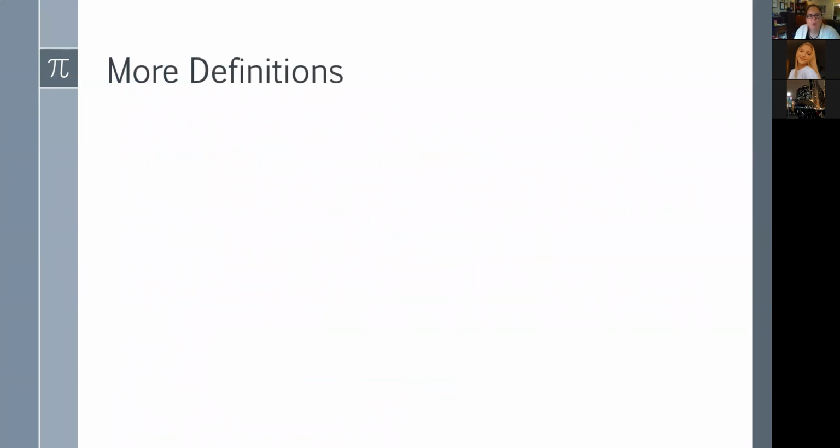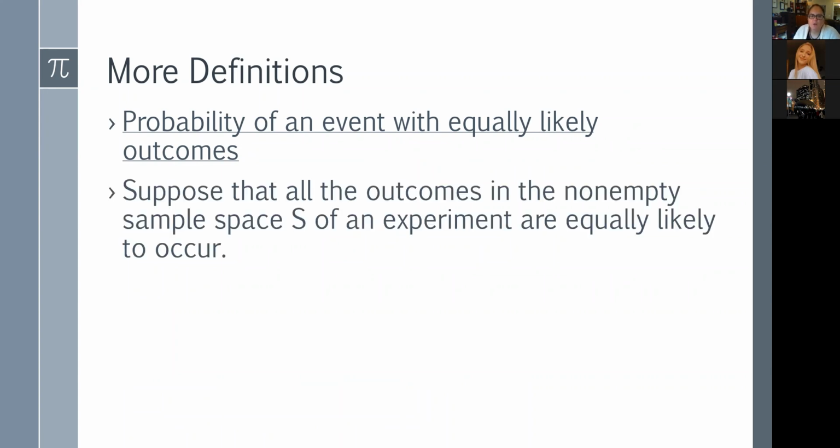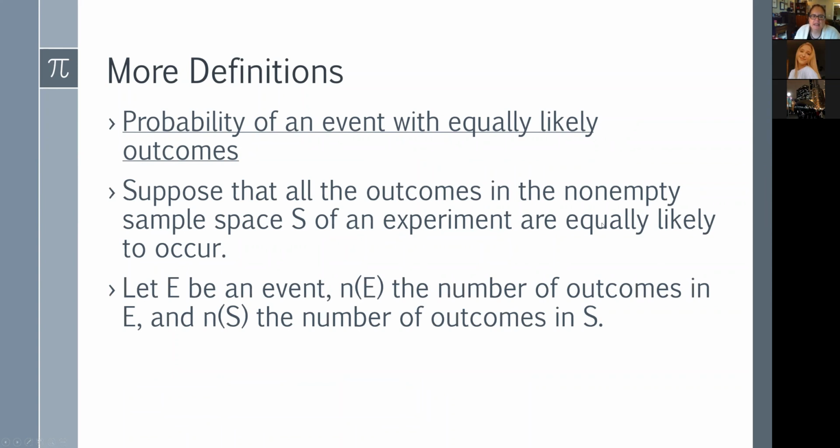Next, we have some more definitions. First, we're going to look at the probability of an event with equally likely outcomes. Suppose all the outcomes in the non-empty sample space are equally likely to occur. So we have some outcomes and they're all equally likely. And we're going to say E is some event.